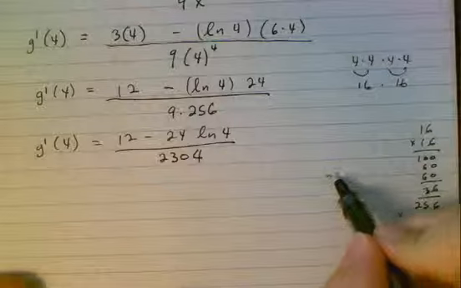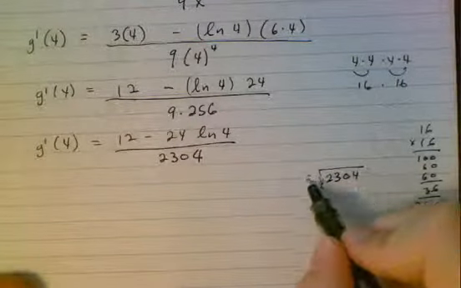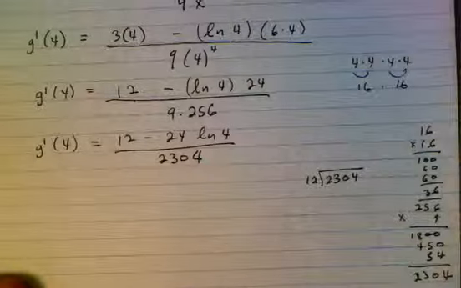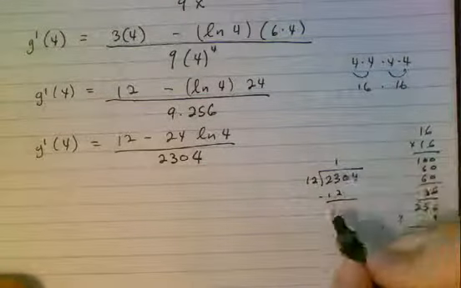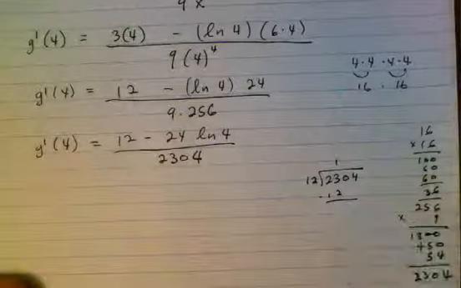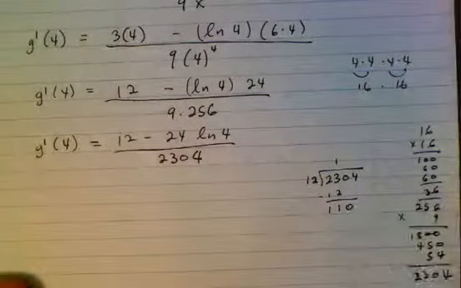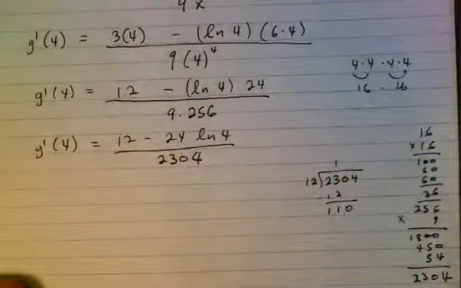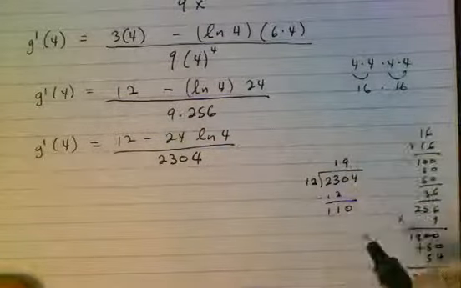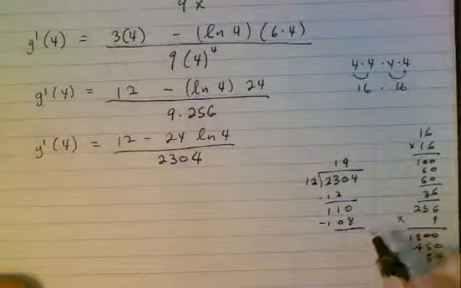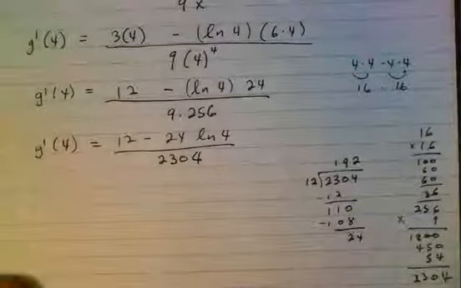Let's check. 2304 divided by 12. 12 goes into 23 once, minus 12 gives us 11. Bring down the 0. Let's see, 12 goes into 110 9 times. So minus 108. Bring down the 4. 12 goes into 24 twice, 192.